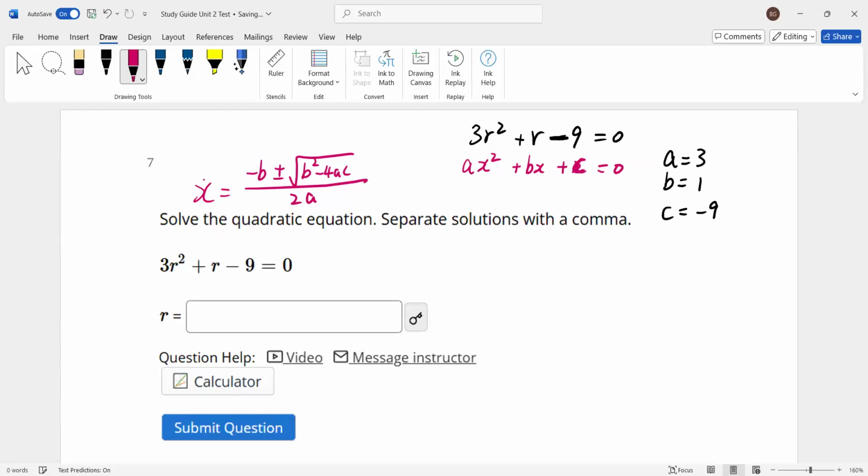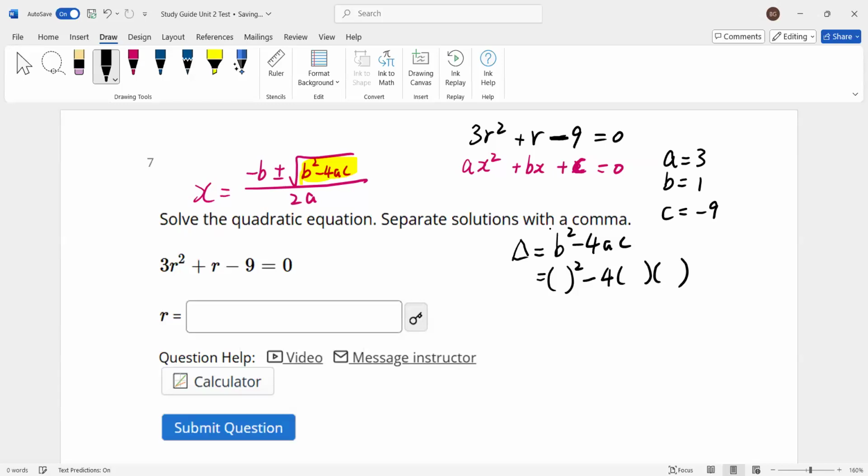The way I do it is once I have a, b, c, I evaluate the discriminant first, delta. Delta is the part under the radical, b squared minus 4ac. When the formula is quite complicated, break it down. Find the delta first.